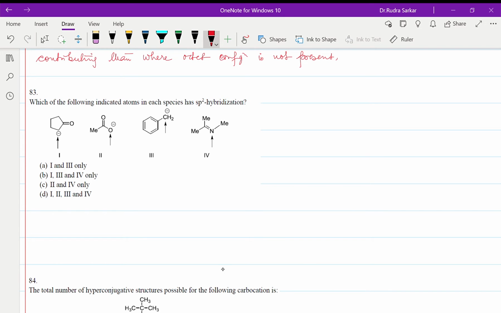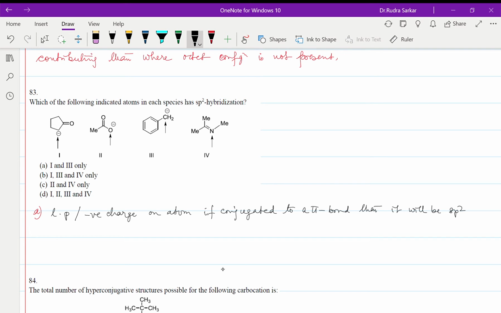So the rule out here is lone pair or negative charge on an atom, if conjugated to a pi bond, then it will be sp2 hybridized. That is a simple thing that one needs to follow.